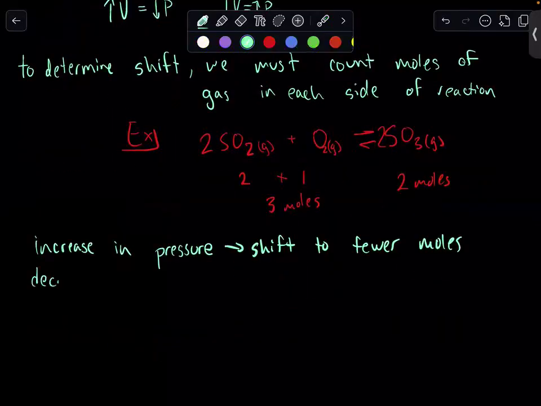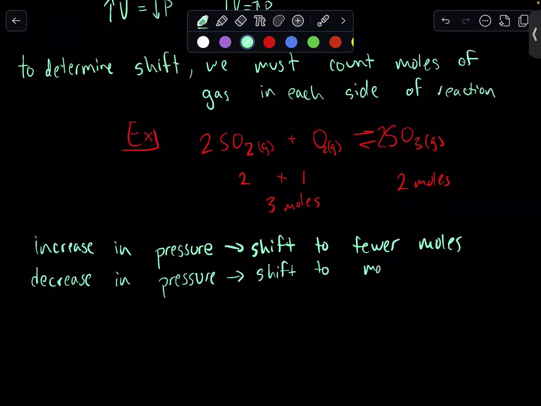Conversely, a decrease in pressure will shift to more moles. Now, it's kind of hard to figure out why this really is, but when we increase the pressure, we're actually changing the number of collisions.